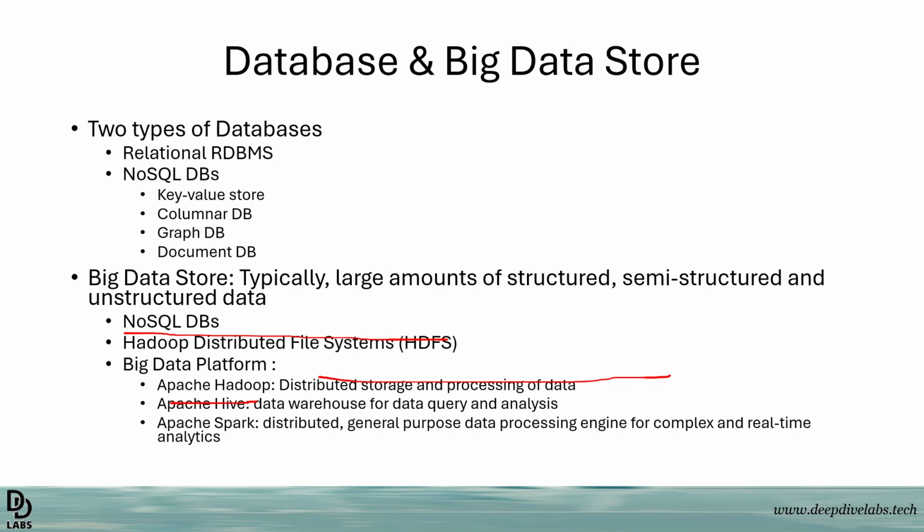So before the advent of cloud, the big data platform was very popular, but with the advent of cloud, you have cloud-based data warehouse systems, which can also do comparable performance to your specific big data platforms as well.